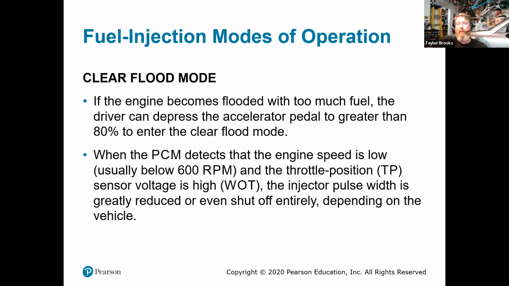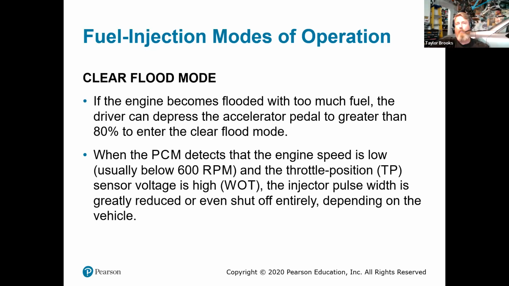When engines become flooded, it prevents the spark plugs on gasoline engines from being able to ignite the fuel and air mixture. So when we have really low engine RPM due to low battery, and we are having high airflow or high load, we will shut the injectors off entirely.